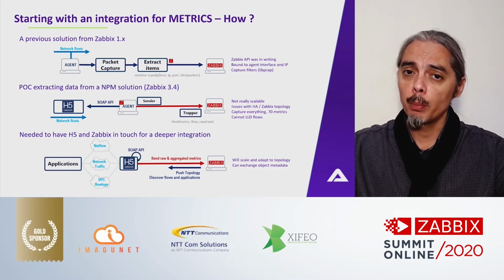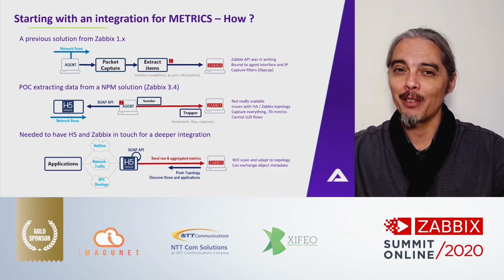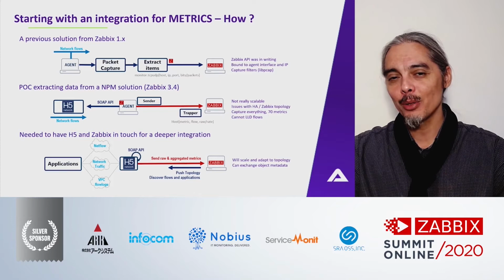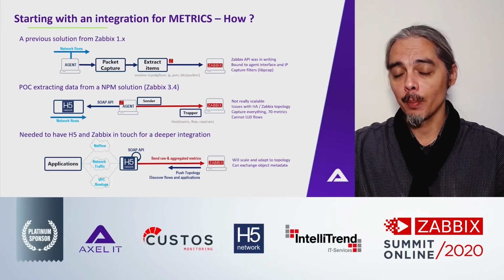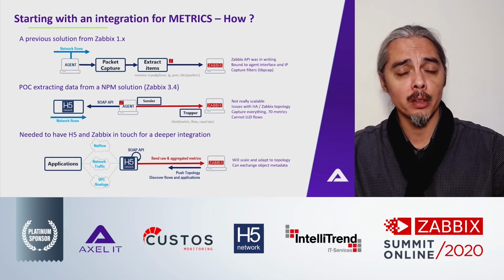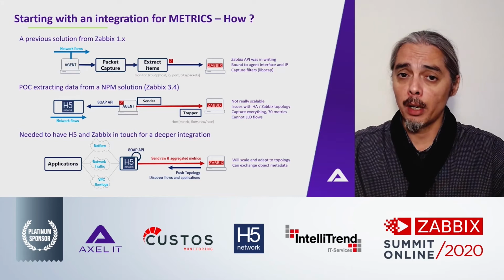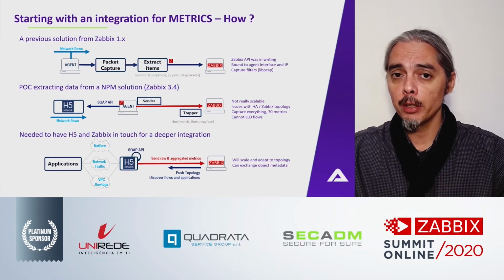Every part of the API is done on the H5 engine, and it's also hosting the part where it notifies the Zabbix system. So actually pushing data and metric data to Zabbix is rather easy. There are many ways to do this.